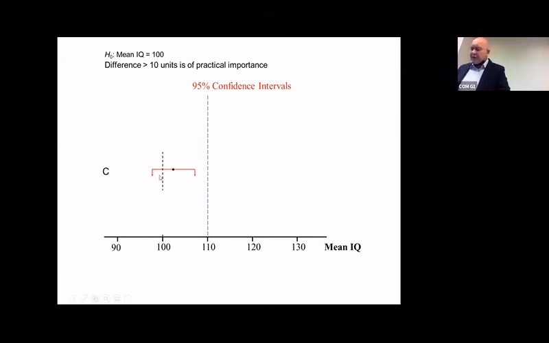100 is this dashed line here. Is this statistically significant? No, because it includes the null value. The mean is quite close to 100, so it doesn't look like the vitamins are doing much. And this doesn't include the value of 10, which is our minimum practical importance.